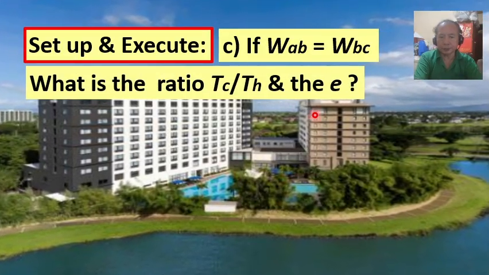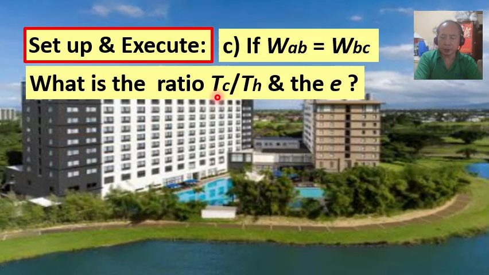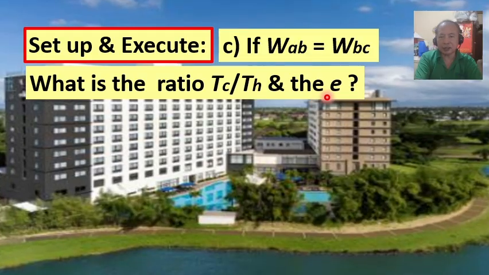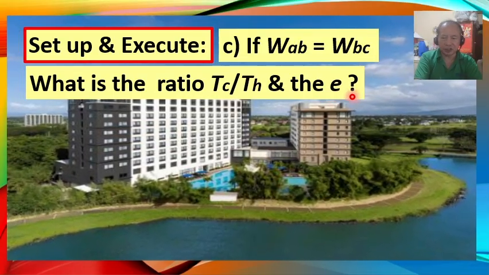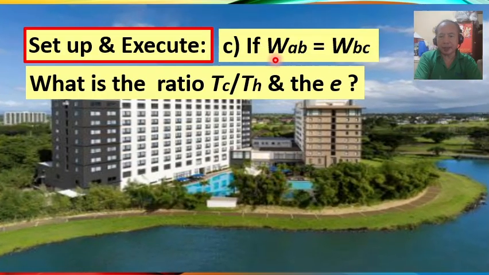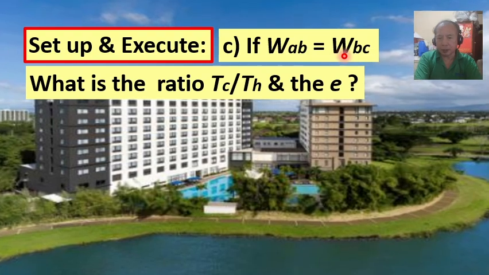In part C, we are to determine the ratio Tc over Th, as well as the Carnot efficiency of the engine, given that the work done W_AB is equal to the work done W_BC.